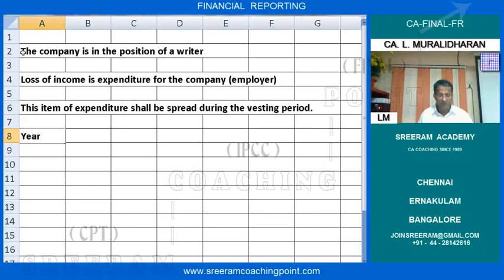Now let us have a look at how much is the expenditure in each of the periods we are going to take up. Out of the total 4 years, first 3 years we will take up, because at the end of the third year there is a change that they wanted to make.